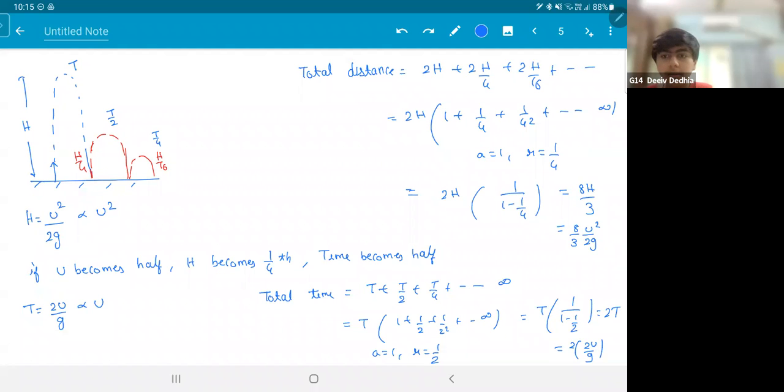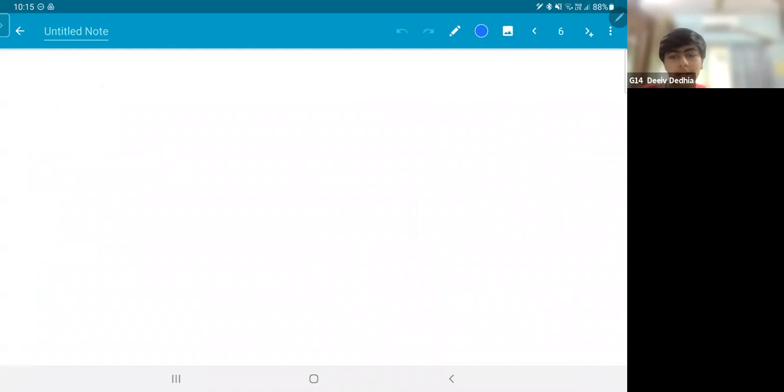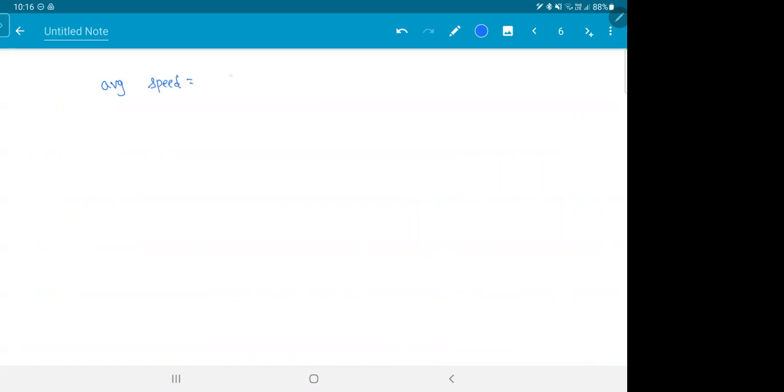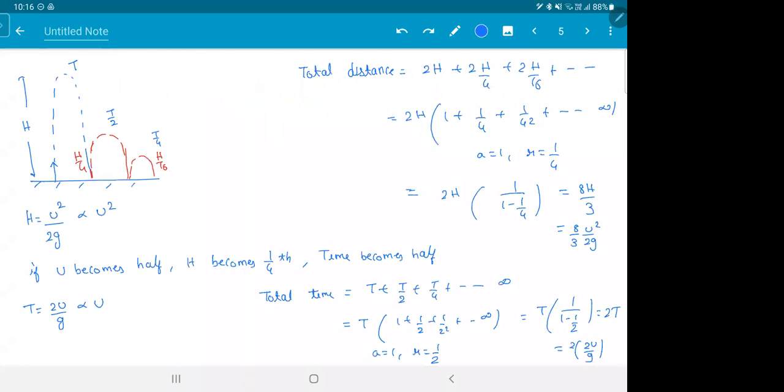So Dev, for average speed, we just need to divide. First, average speed is total distance by total time. What is the total distance? 8 by 3 u square by 2g, by time, which is 4u by g. You get u by 3. That's your average speed.